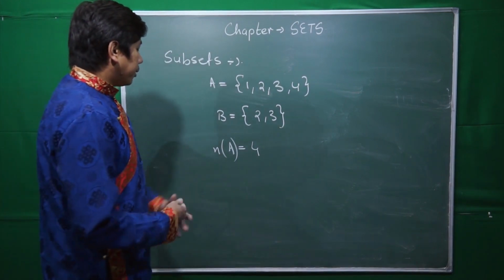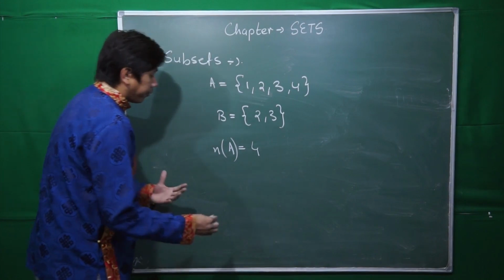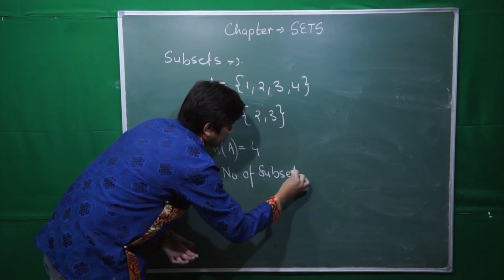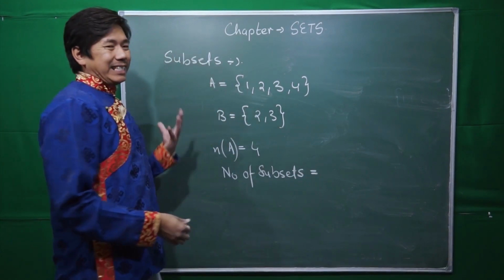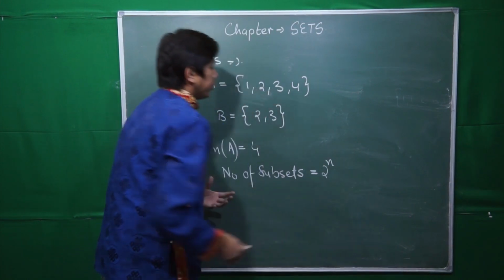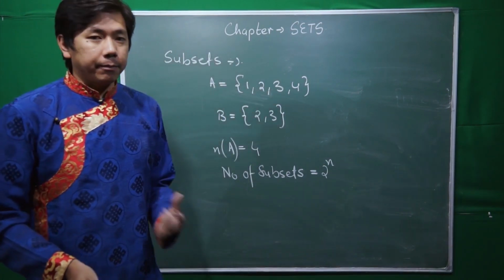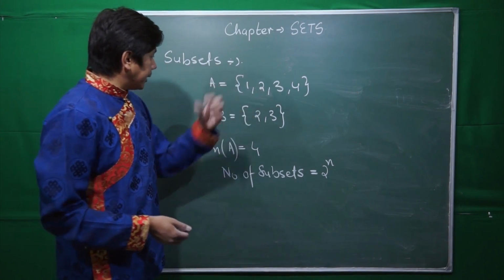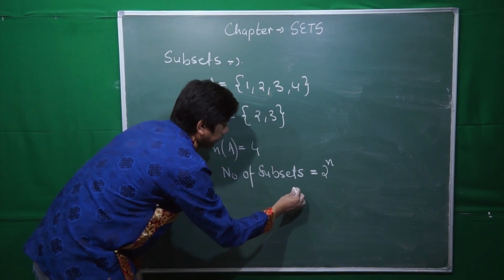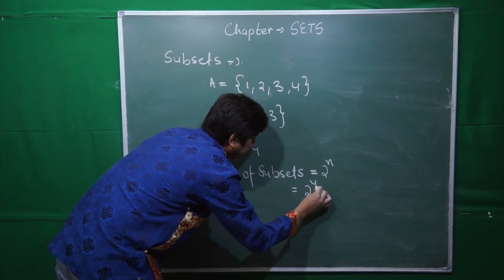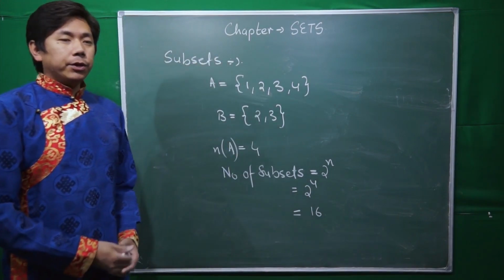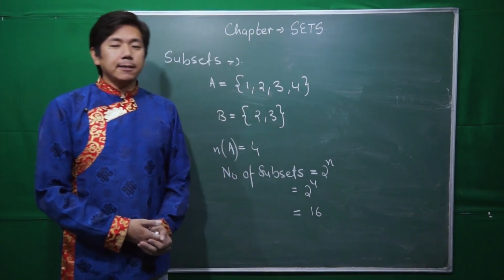Now, since the cardinal number of set A is 4, the number of subsets it can have would be equal to, and this is a formula which states, the number of subsets any set can have is 2 raised to the power of the cardinal number. So, in this case, the number of subsets that A will have is 2 raised to the power 4, which is 16. So this set A can have 16 subsets.